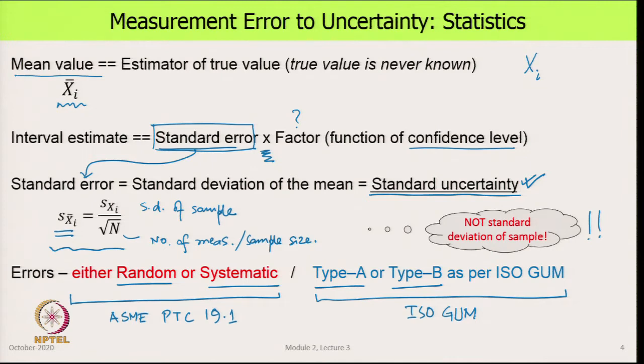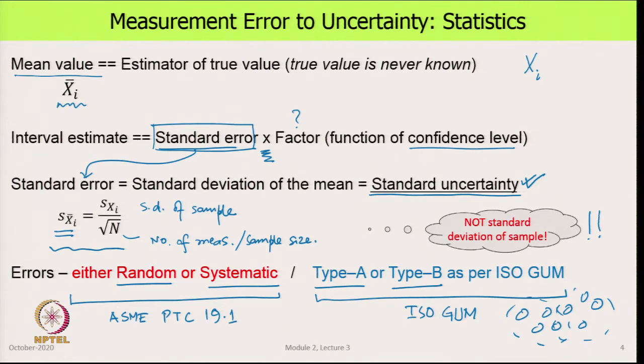So, we have two options, either to proceed on 19.1 definition basis or GUM. The answer at the end will be the same. We are only taking the same set of errors, whatever they may have been. In one case we classify them as something, in the other case we classify them as something else.